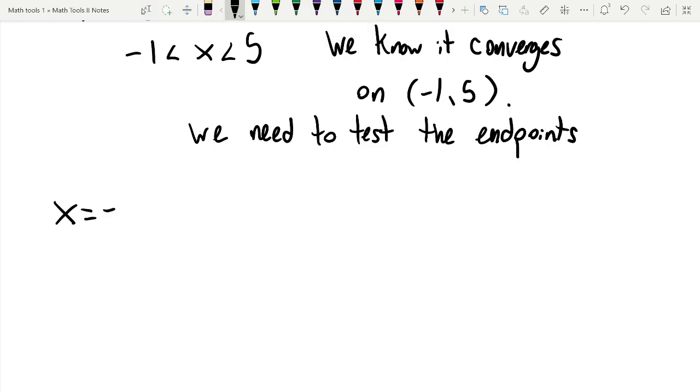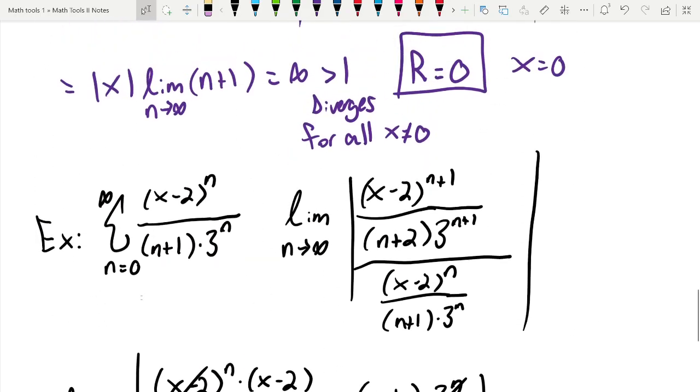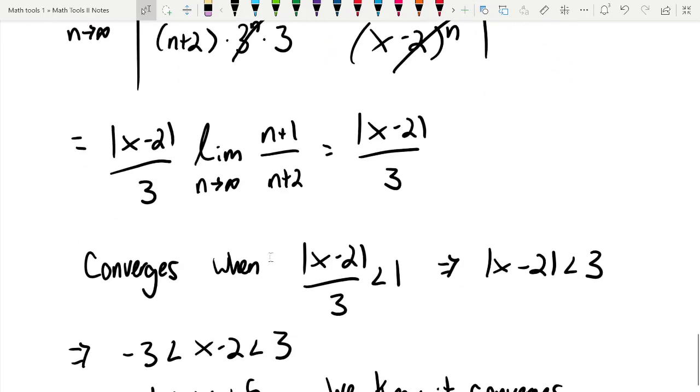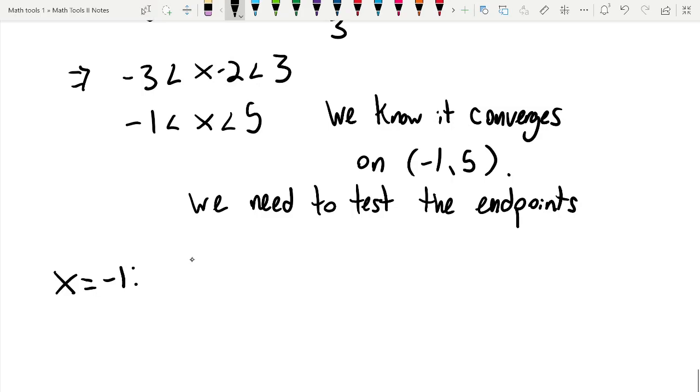So we'll test specifically x equals negative 1. Let me scroll back up to the original series here. So (x-2)^n over (n+1) times 3^n.